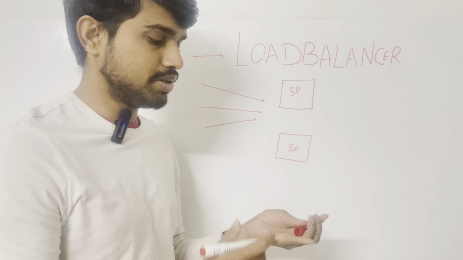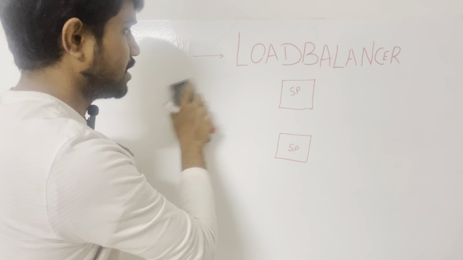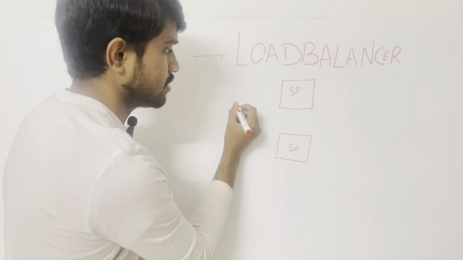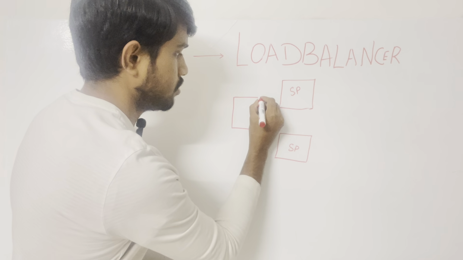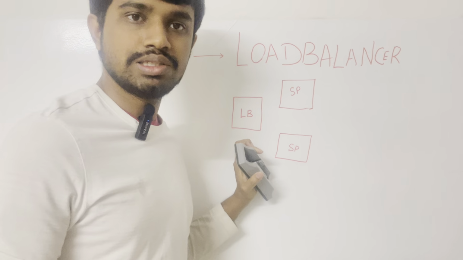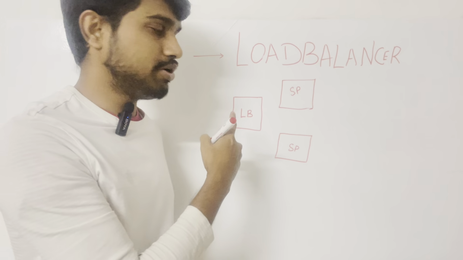So for this purpose, we introduce a device or a software in front of the servers, which is called a load balancer. This is going to help you distribute traffic among your servers.